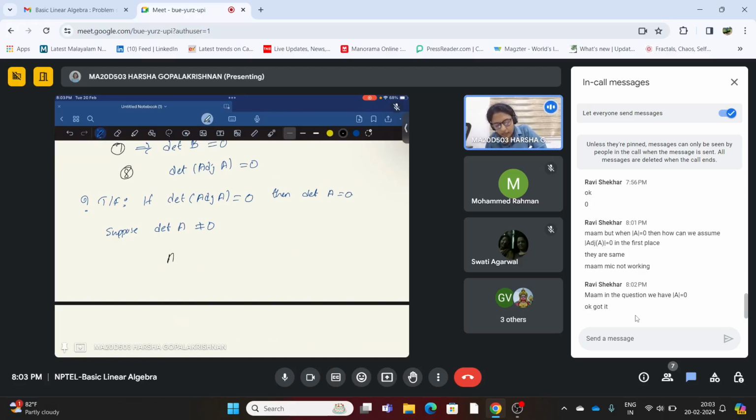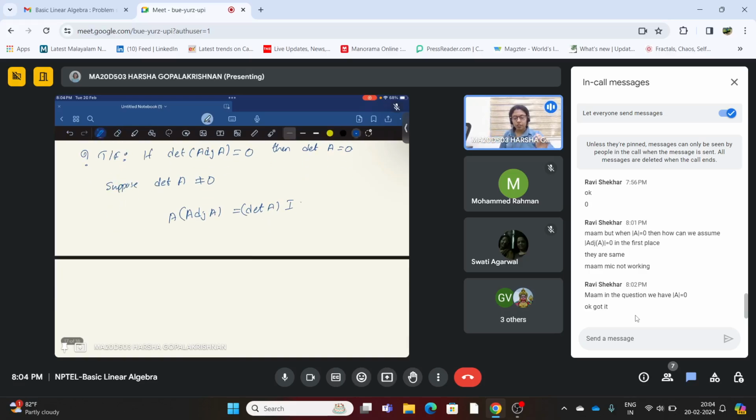Again we will start with A into adjoint of A, which is determinant of A into identity.